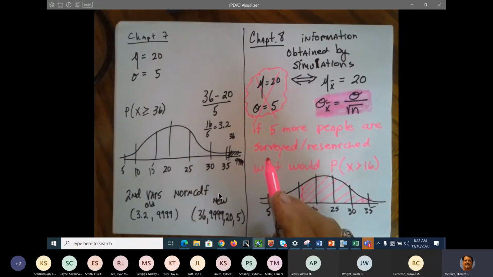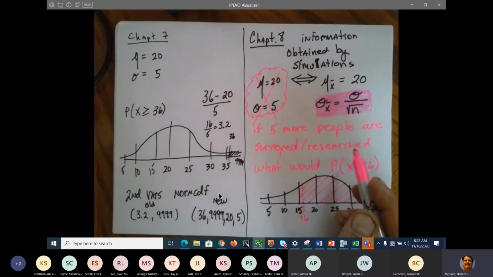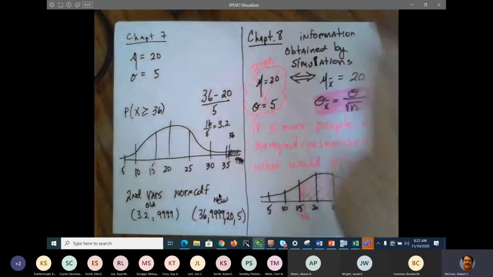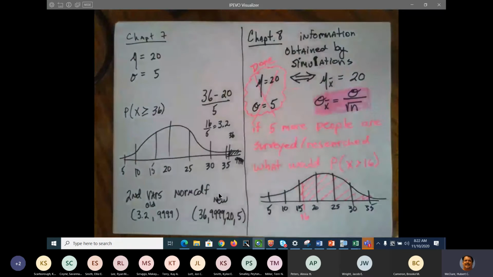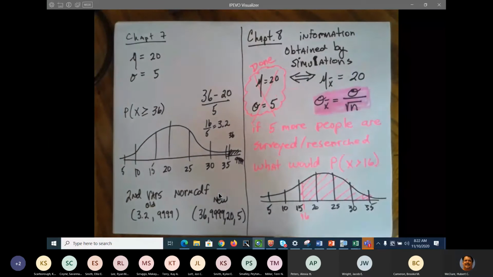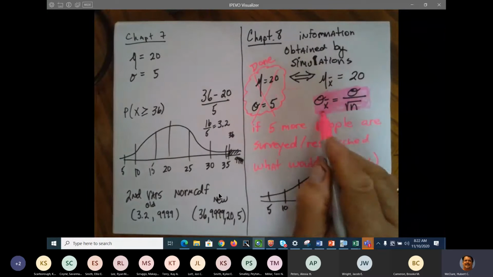What if 5 more people were surveyed? In other words, after this was done, they surveyed 5 more people. So those 5 people don't have anything to do with the previous information. So that's the what if. So that's why you have to change the standard deviation.